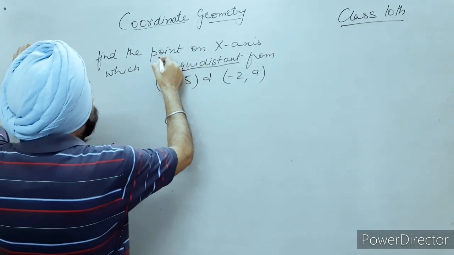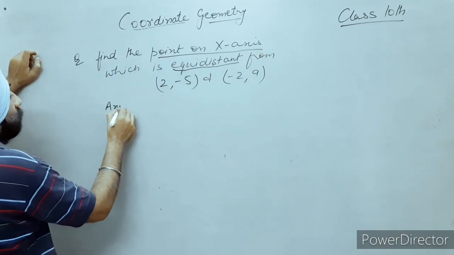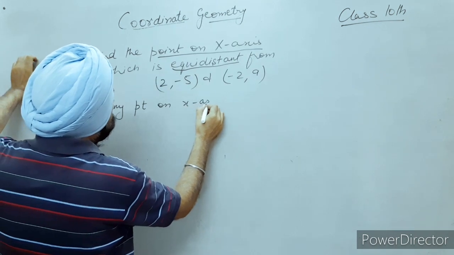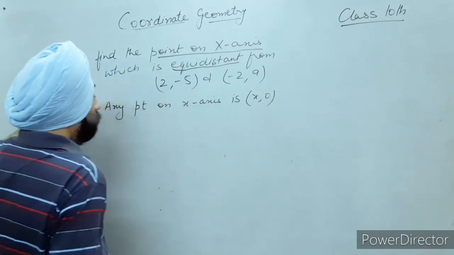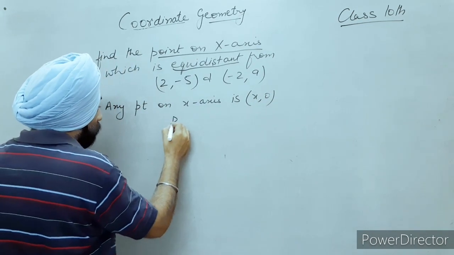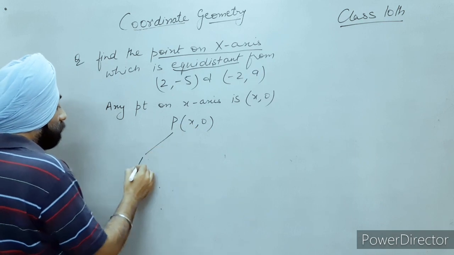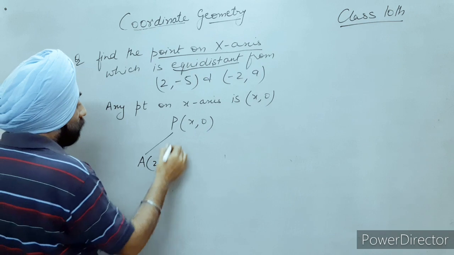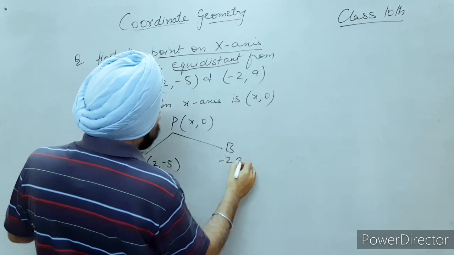Now any point on the x-axis is (x, 0). This is your point P, (x, 0), on the x-axis. This is your point A, (2, -5), and this is your point B, (-2, 9).